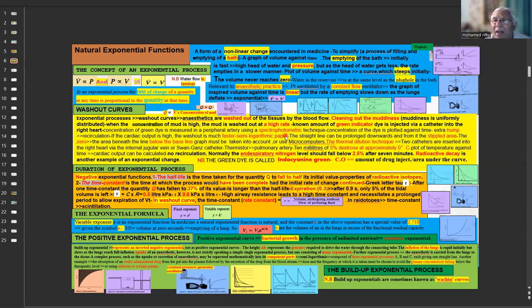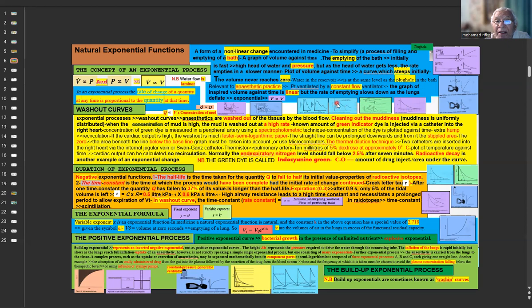So the first method to measure the cardiac output is what we call the green indicator. We call it indocyanine green, where we inject via a catheter into the right heart. The concentration of the dye is going to be measured by a spectrophotometric method through a peripheral vein, and the concentration is going to be plotted against time, you see.